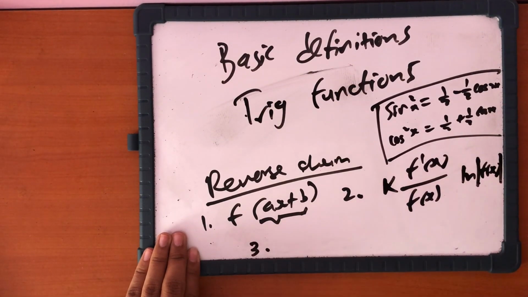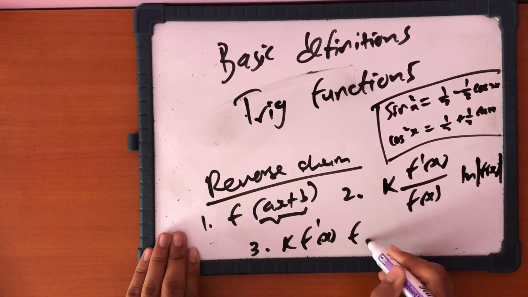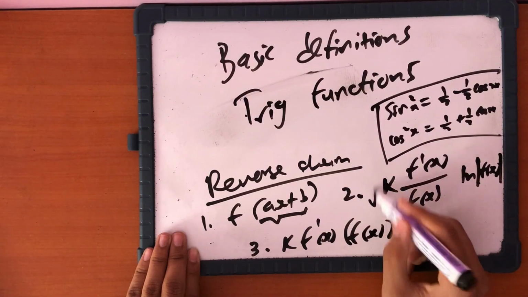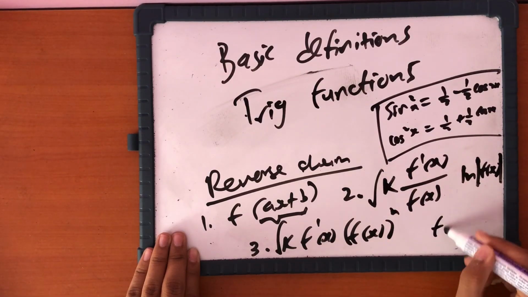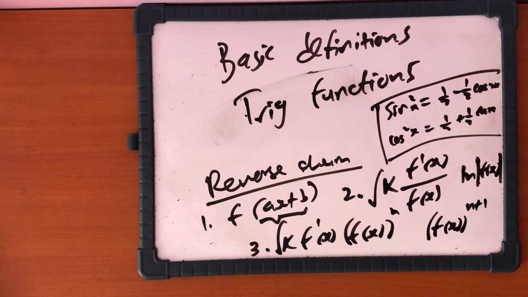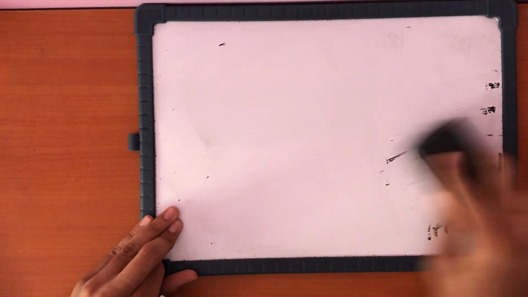And number 3, when it's of the form k f prime f raised to any n, the general answer when we integrate is just f of x all raised to n plus 1, then you adjust for a constant. So that's the summary of the whole video.